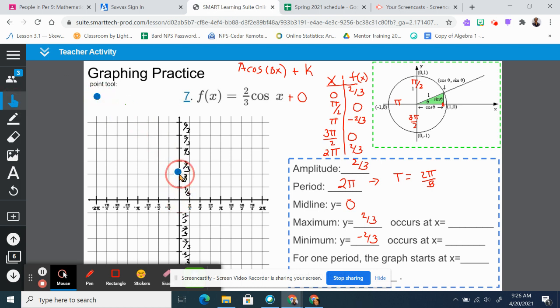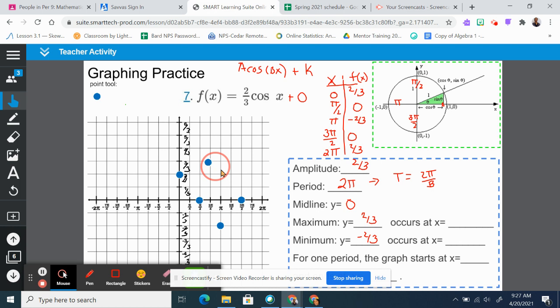Okay, so now that I have my axis labeled, I'm going to plot my coordinates. My first one at 0, I had 2/3. At pi halves, I had 0. At pi, I had -2/3. At 3 pi halves, I had 0.